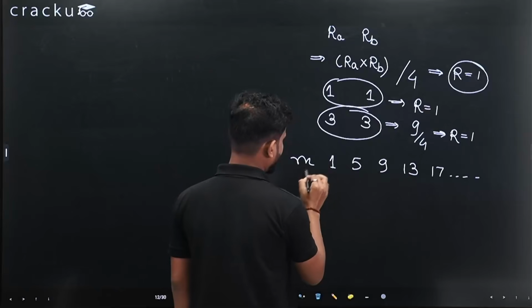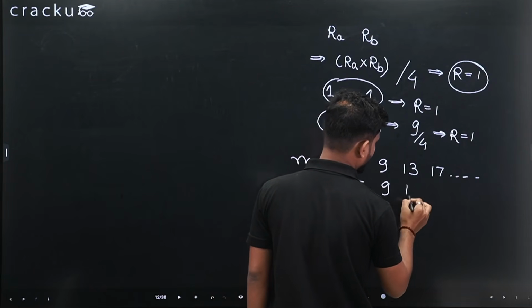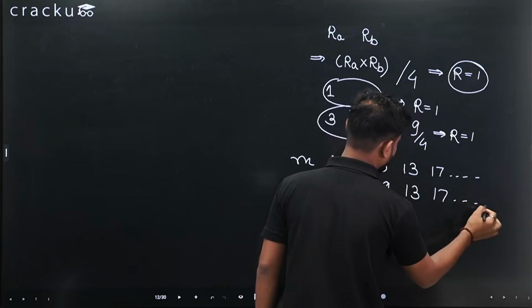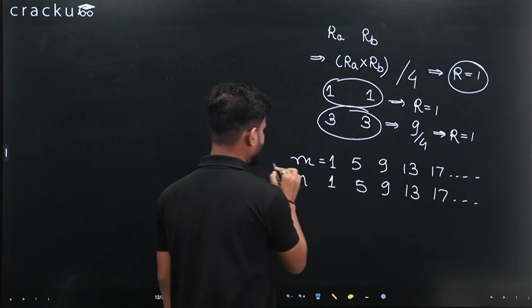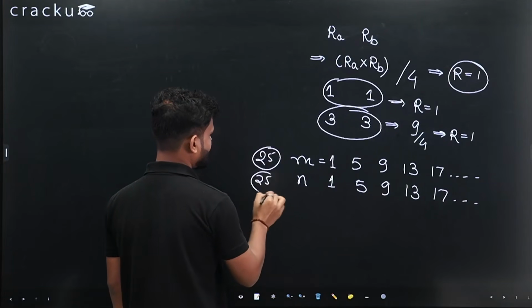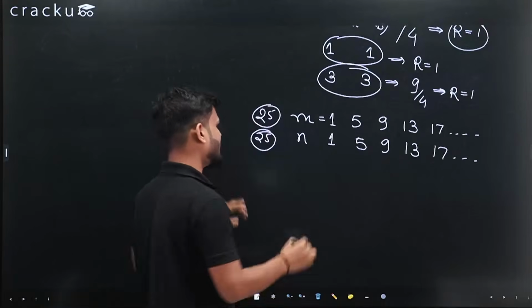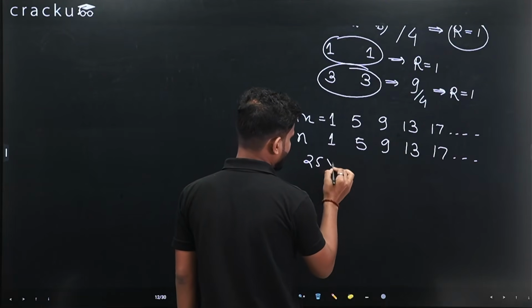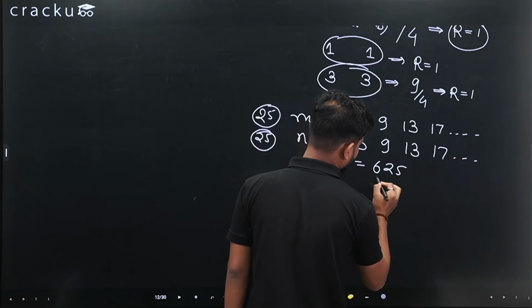Also n can be 1, 5, 9, 13, 17 and so on. Up to 100, the number of such numbers is 25 and the number of such numbers is 25. So you can choose one number from this 25, other number from this 25. So there are 25 into 25, 625 choices.